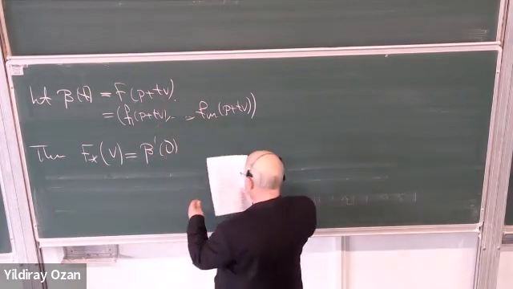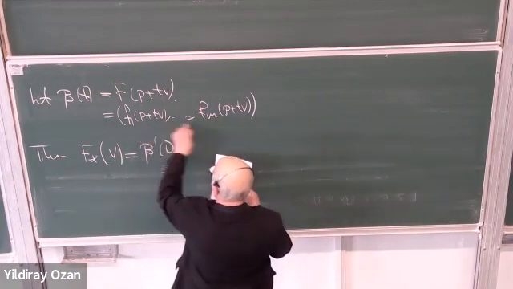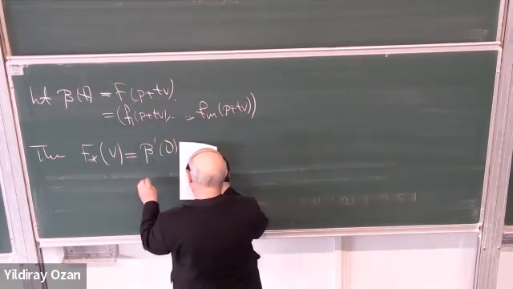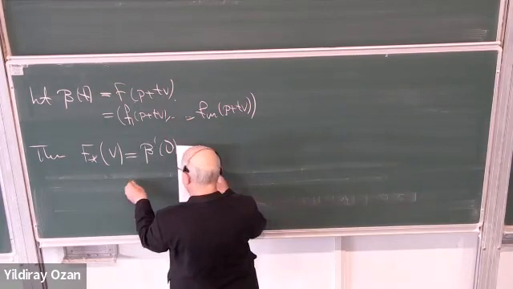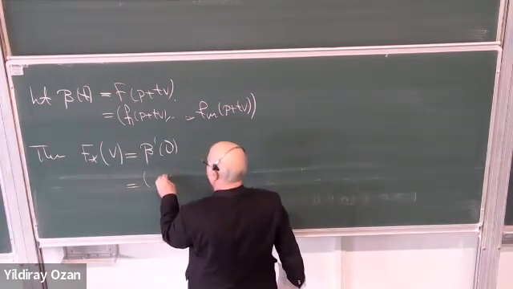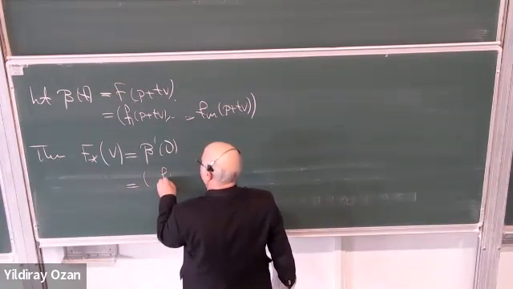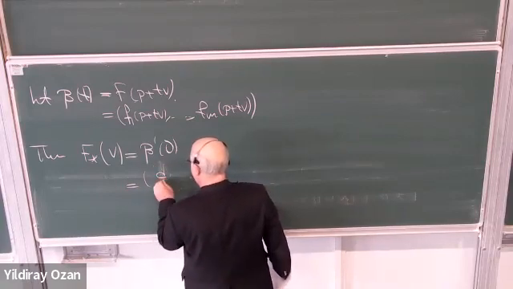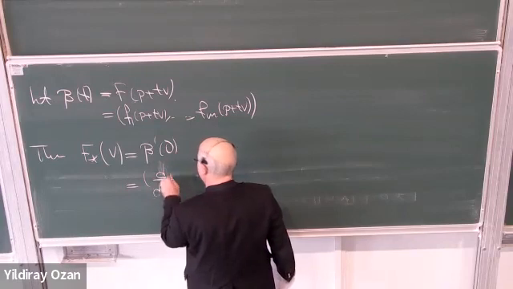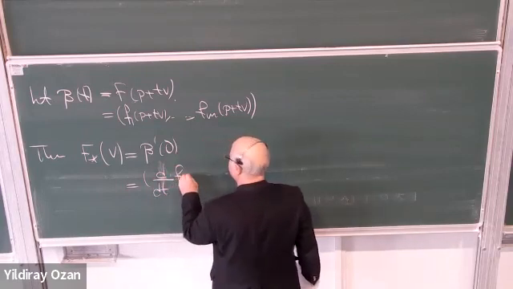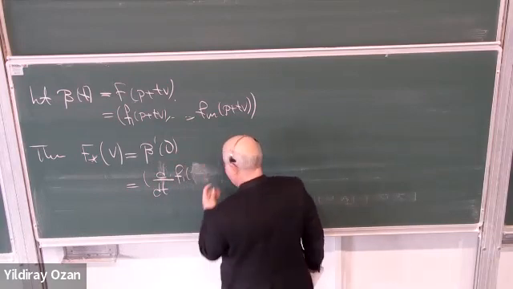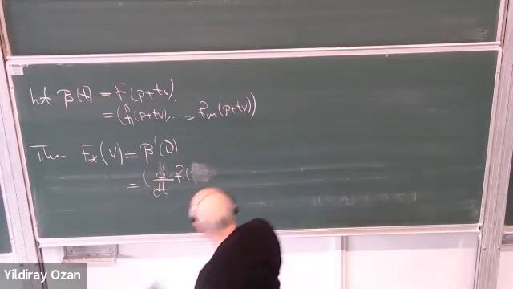So what is this? This is, of course, just the Leibniz rule. I just take the derivative of this gadget: d/dt of f1 of p plus tv.